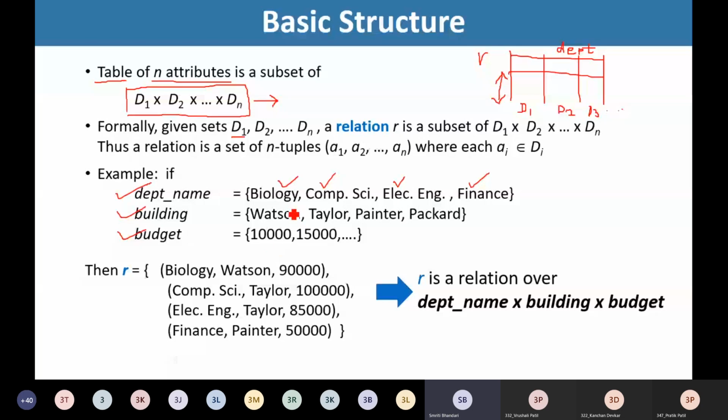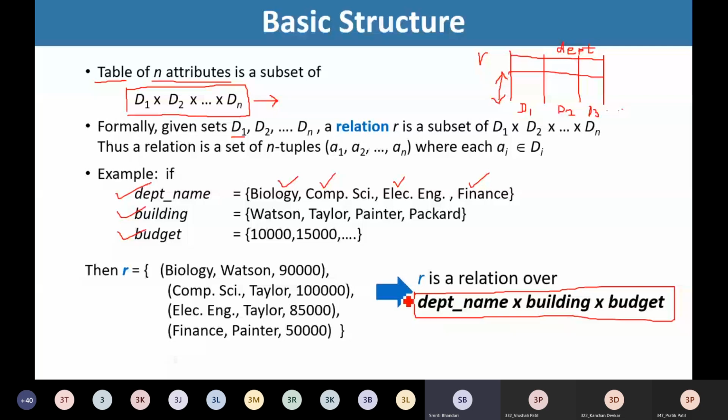Similarly, if I consider biology, I am changing building name, right? And also I am changing this budget. Then once again I come up with another set of rows. So similarly, all such combinations I will be having in this Cartesian product, right?